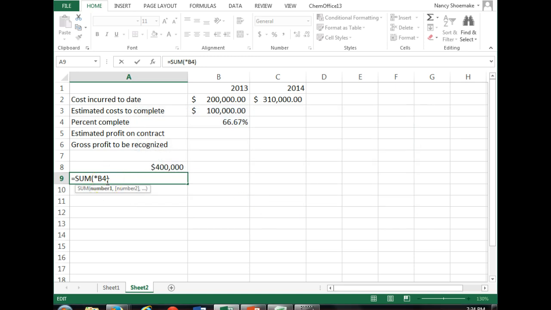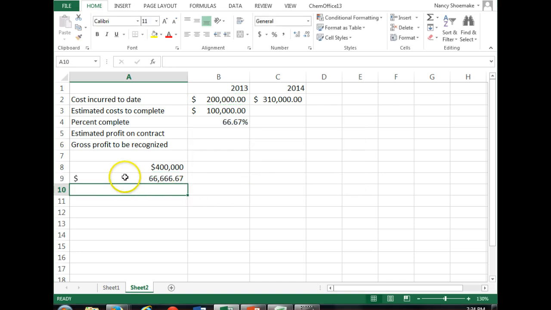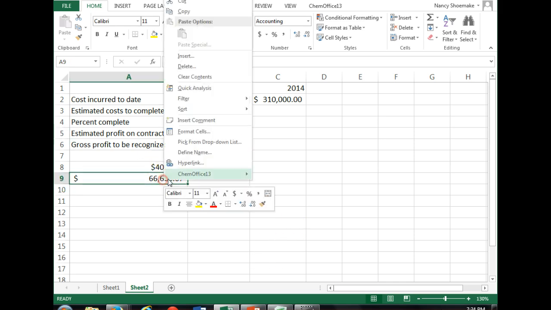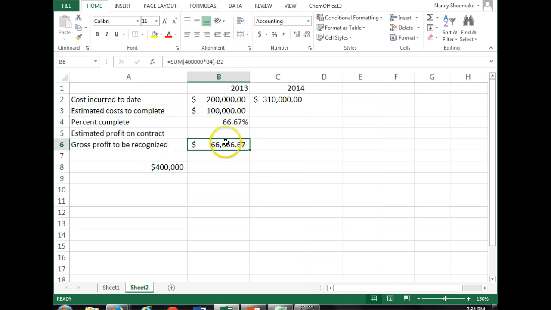Sum of 400,000 times the 66.67% minus the cost we've already completed. Sorry. Gross profit to be recognized in this period is going to be $66,666. Right?